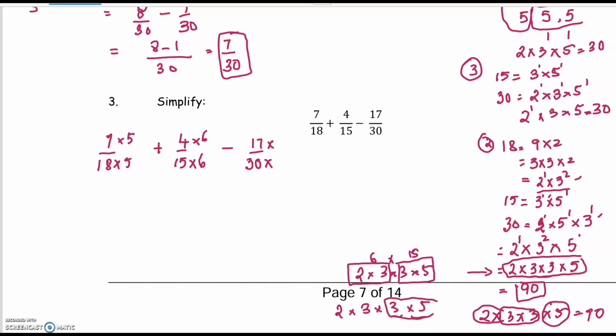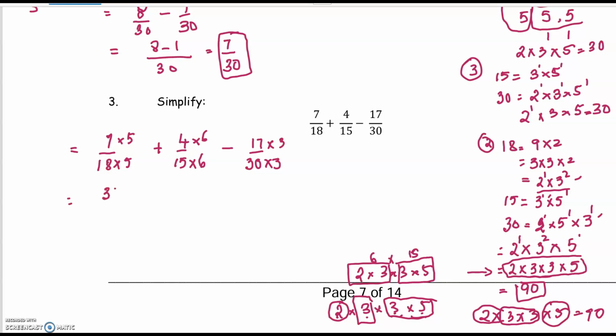So these two are taken. 15 times 2 is 30. The only thing that is left behind is the 3. So 30 times 3 is 90. So we just multiply with the 3. We don't even have to check if that is the case.